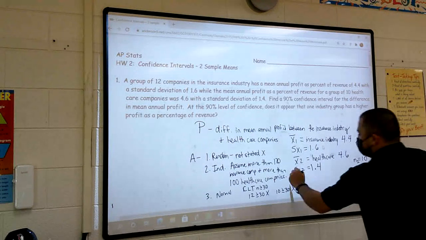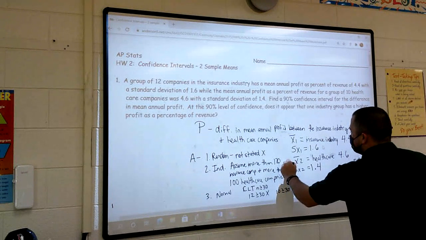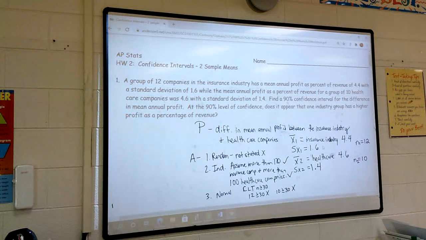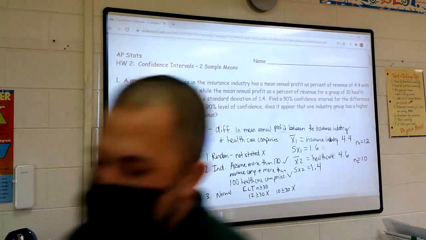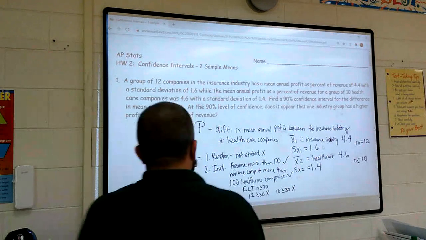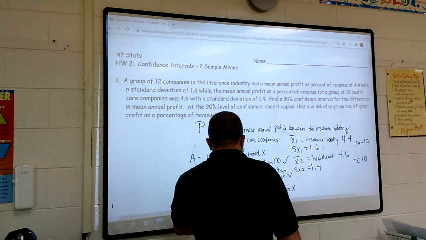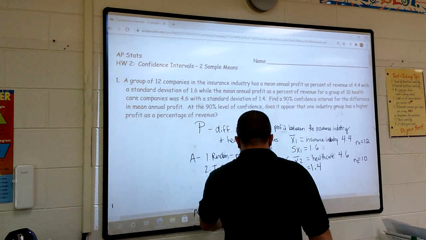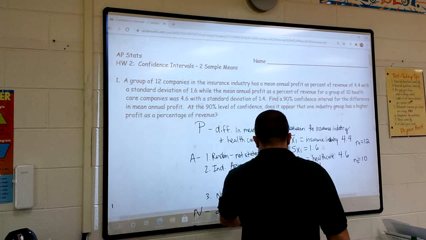It did pass the independent condition, but it failed the random condition because they didn't state that it was random, and it failed the normal condition. So now we go to the name of the interval, and this is called a 2-sample T interval.